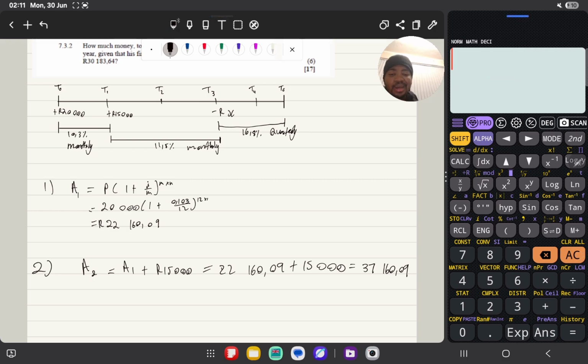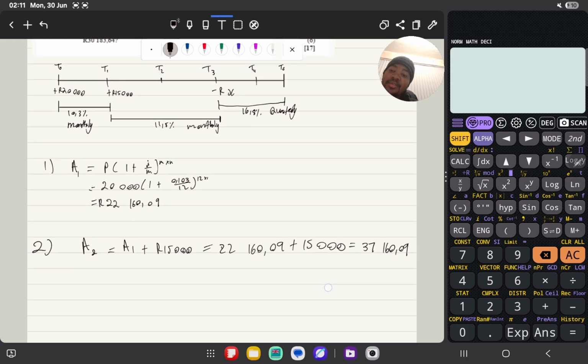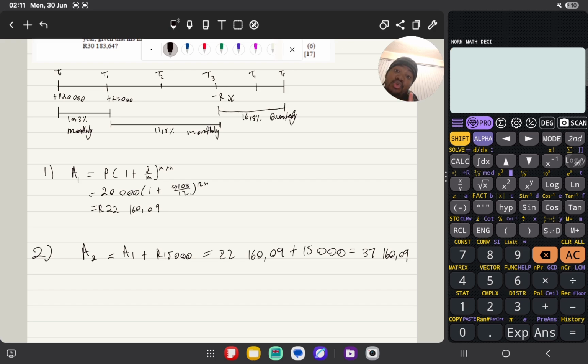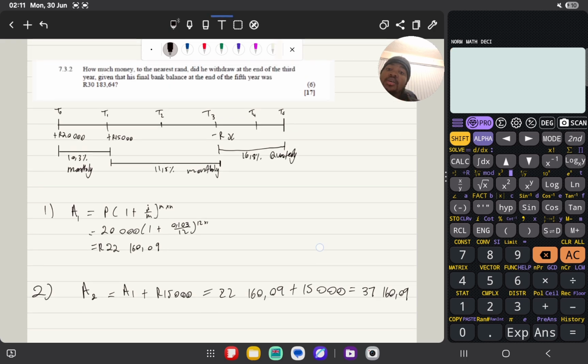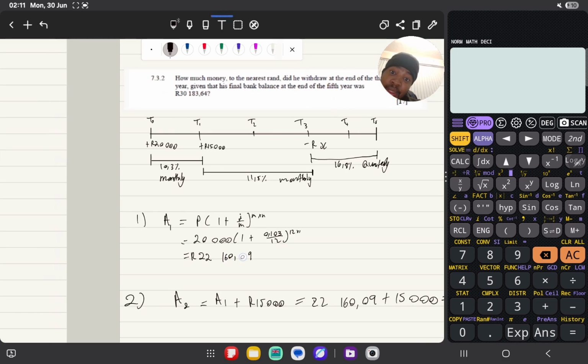Damn, I'm kind of smart, eh? That's 7, then that's 1, that's 3. So this is how much we have now at the beginning of year 2, right? Let us remember from the timeline, this money will now be invested up until year 3, right?